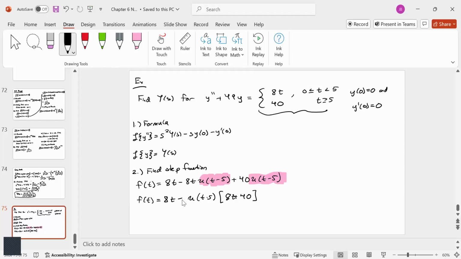There we go. And so it's 8t, and then this will be minus 40. So we factor out a minus u of t minus 5 there. And then from there, I will be able to factor out an 8 from both of them. And look at that, I get t minus 5, which is what I want. I want a t minus 5 to match up the t minus 5.